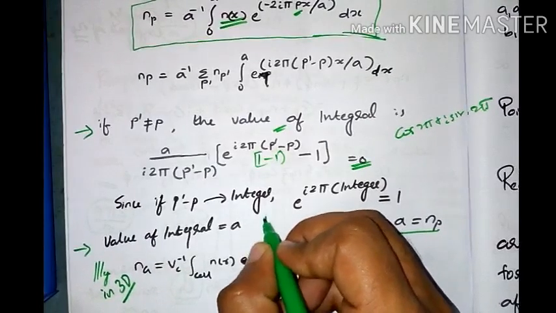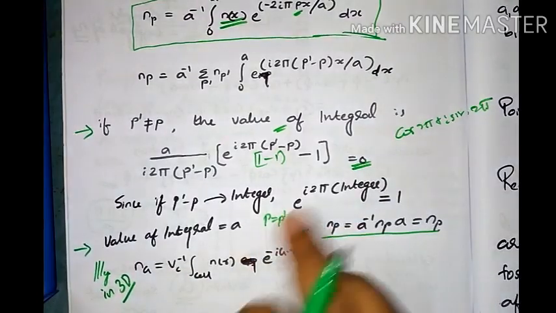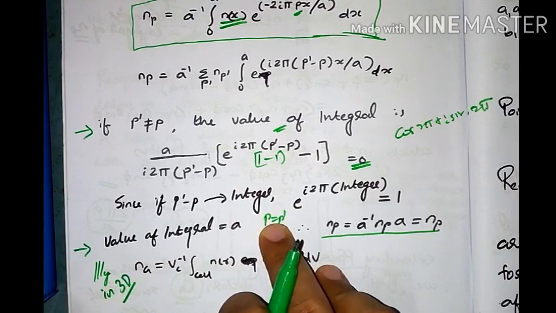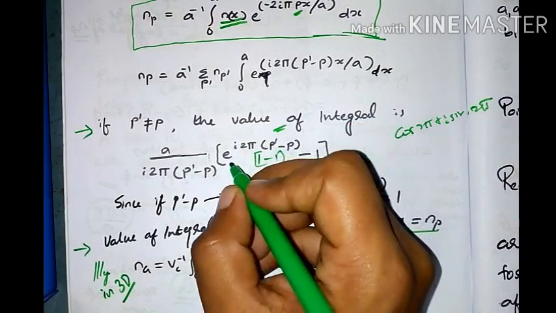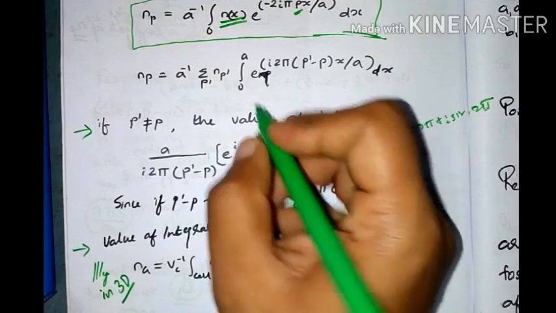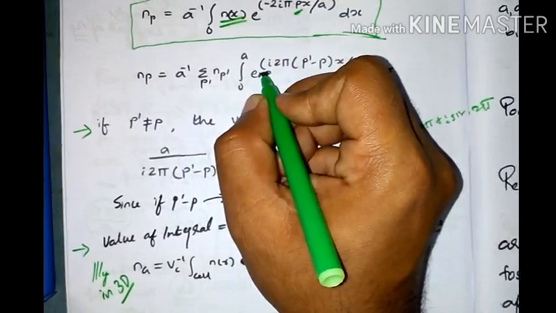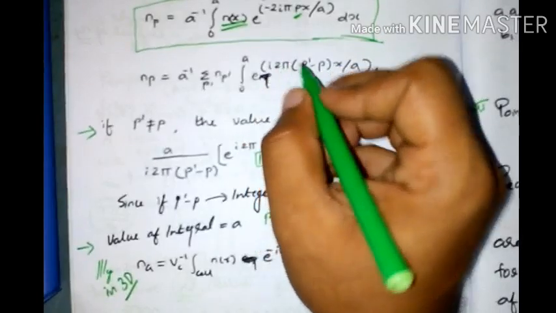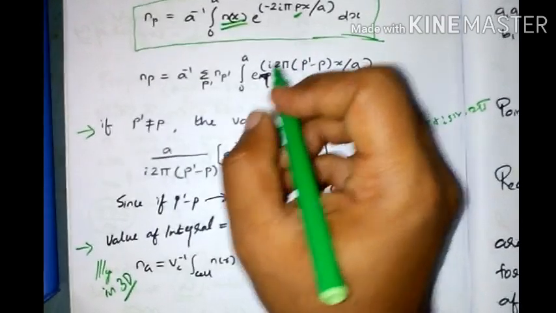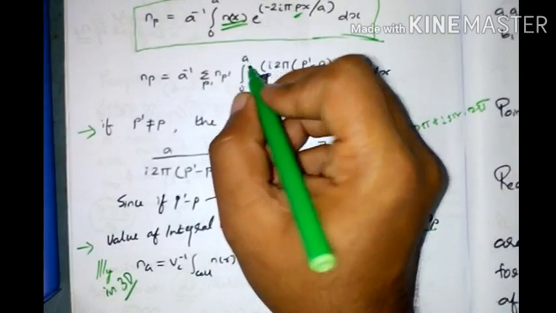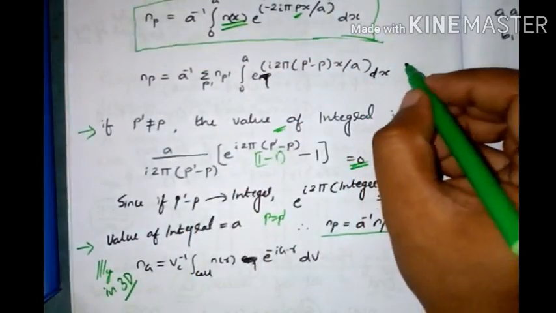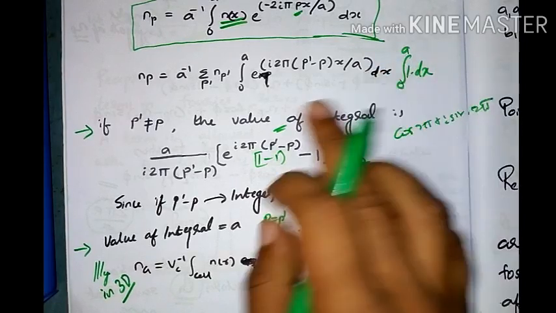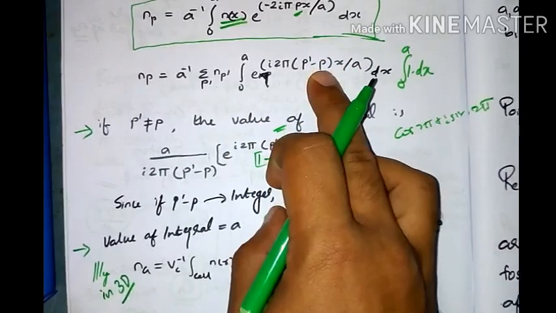And if p is equal to p dash, okay, this is the next condition. If p is equal to p dash, we get e raised to 0, and e raised to 0 is 1, and while integrating we have integral 0 to a 1 into dx after putting p equal to p dash.